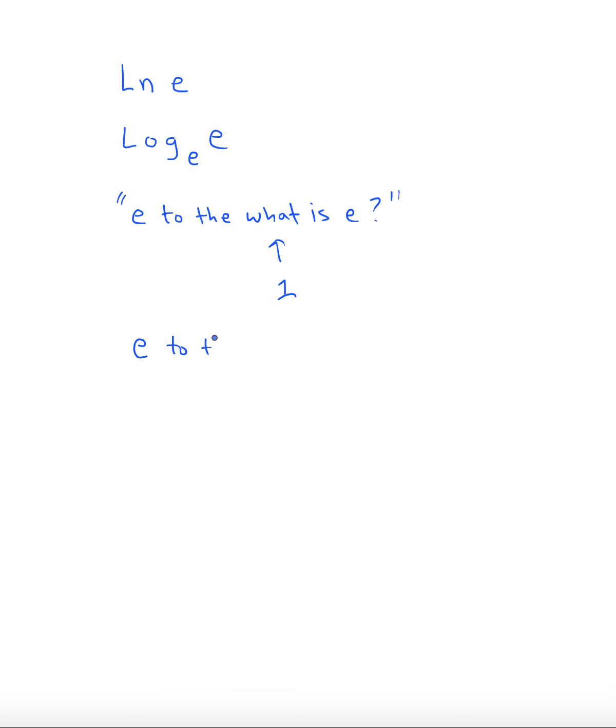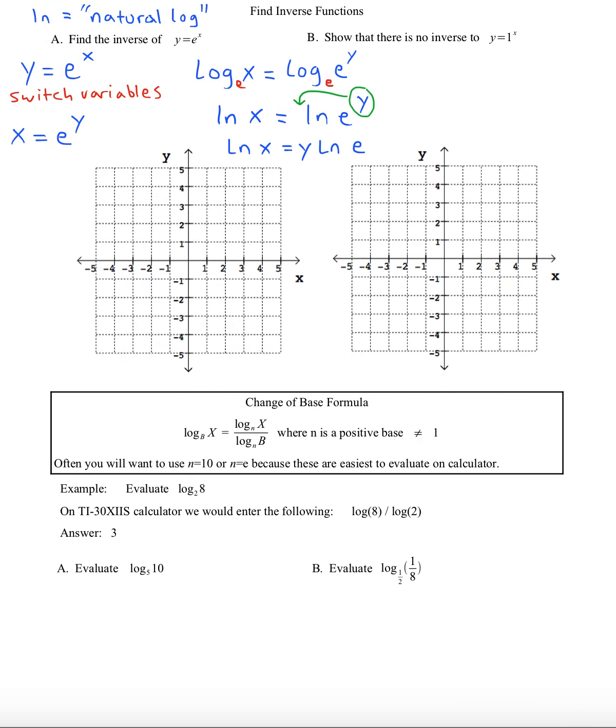E to the 1 is e. So what that means is that ln e is simply 1. They're inverses of each other. So that means that this is gone, and our final answer is y equals ln x. That is the inverse to e to the x.